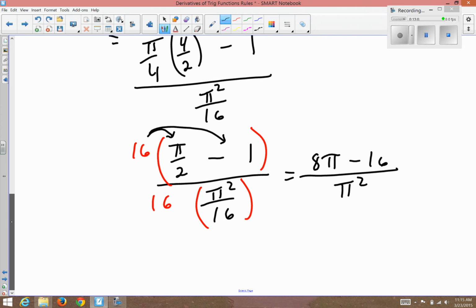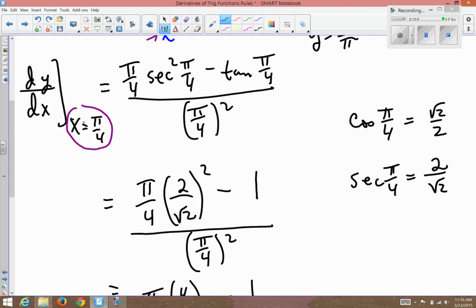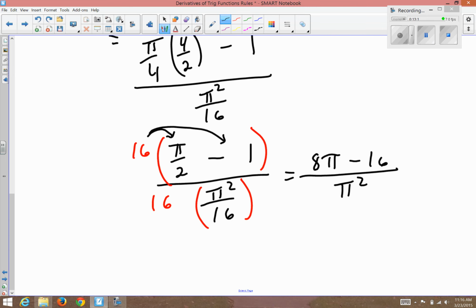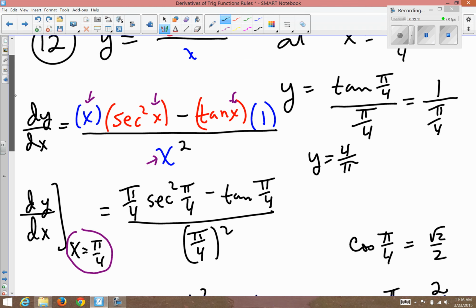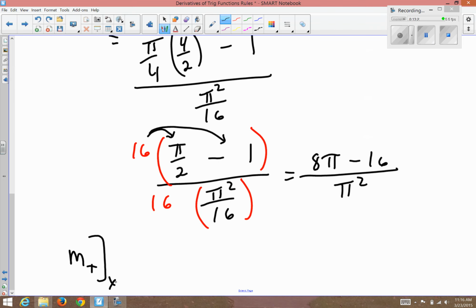This number right here is the derivative of y with respect to x when x is pi over 4. In other words, that number is the slope of the tangent line at x equals pi over 4. This number right here, 8 pi minus 16 over pi squared.